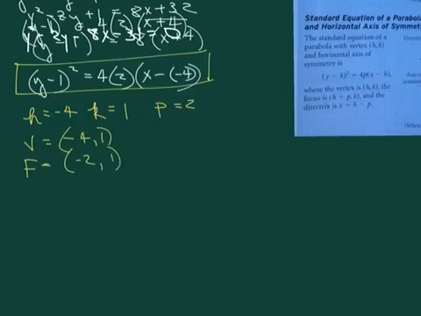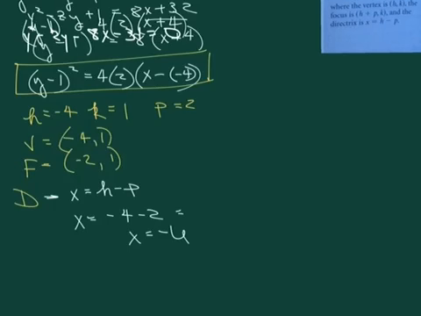So there's my focus. My directrix, again looking up here, is x equals h minus p. So x equals negative 4 minus 2, which is my p, gives me x equals negative 6. So that's all I need there.